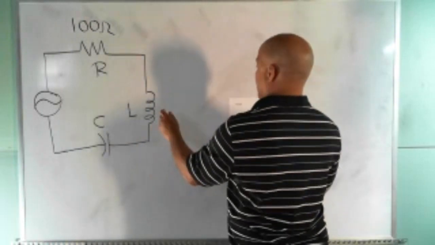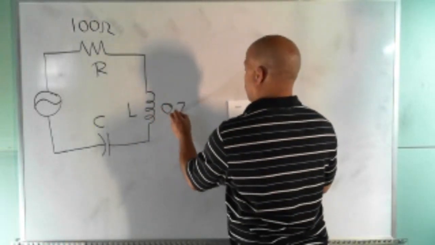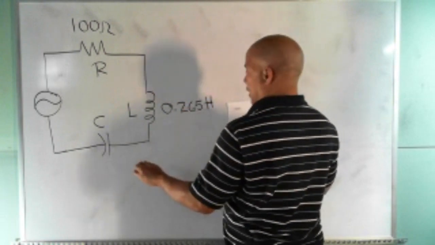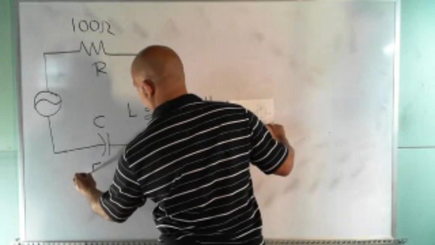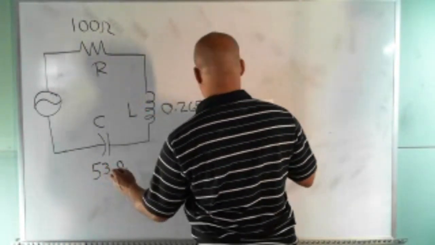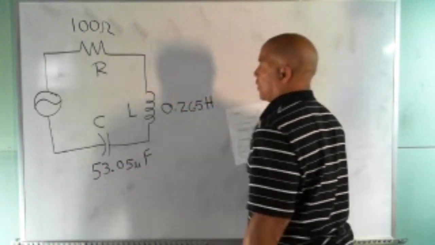They tell me this is 0.265 henries. This is 53 microfarads. So there's my circuit.